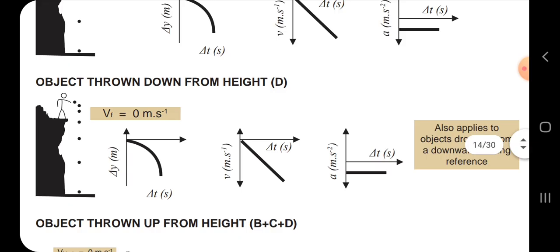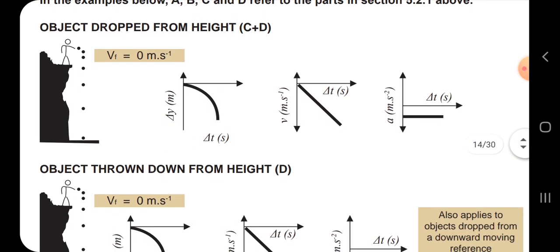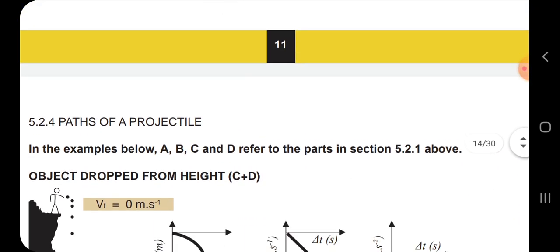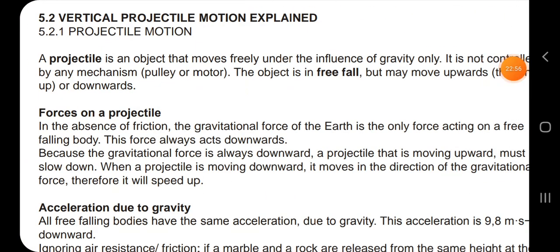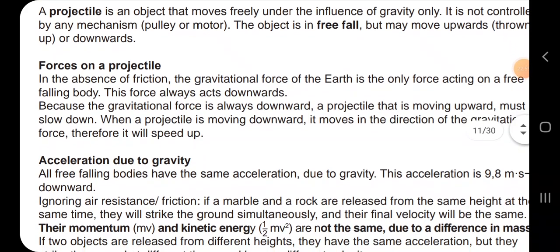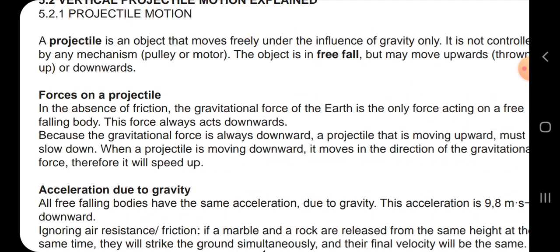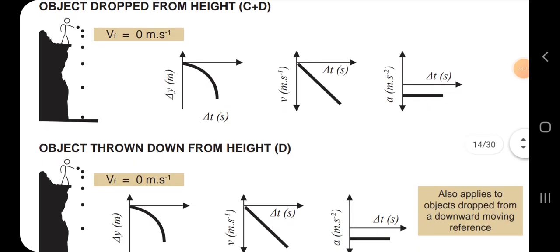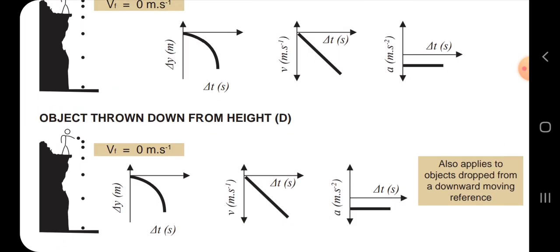And when the object is thrown down from height, we need to look at 5.2 that we just looked at. Now we'll look at the graph. This is how the graph is when you are dropping from height. They are exactly the same.